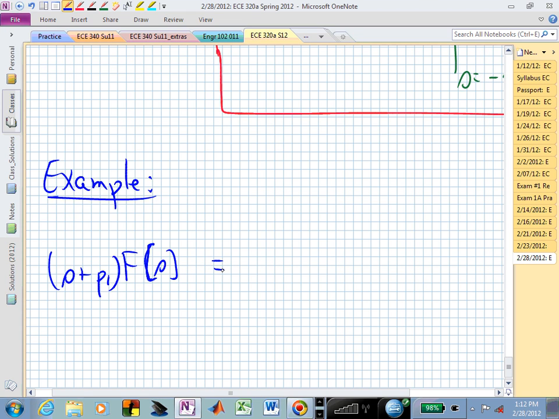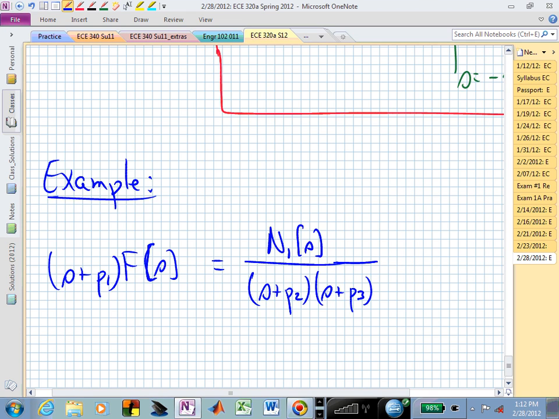This is now what happens when I multiply F of s times s plus p1: the numerator stays the same, but now I've canceled that factor from the denominator.